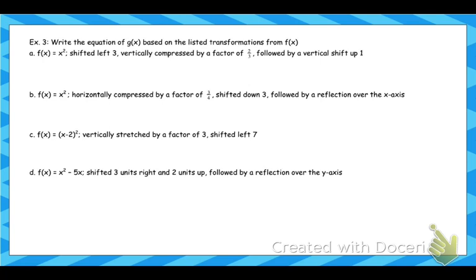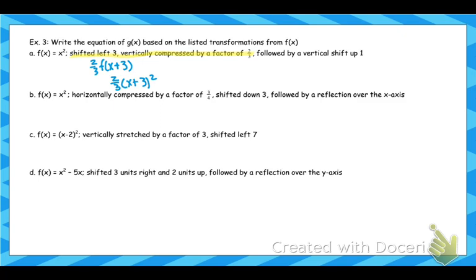So this first one, you have f of x equals x squared. Okay, we're going to shift it left 3 and vertically compress it by a factor of 2/3. So we're going to do that first. Well, left 3, that's f of x plus 3. Vertically compressed by 2/3, that's 2/3 times that. So that means this is going to become 2/3 x plus 3 squared.